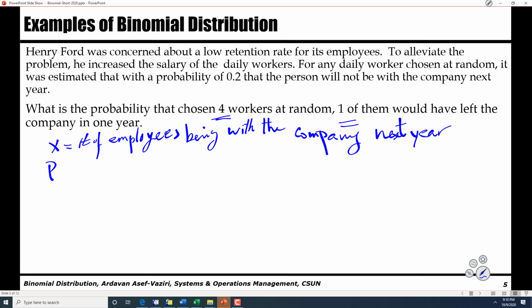Probability of success, probability of this event is 20%. We have selected 4 employees. What is the probability that one of them leaves the company?